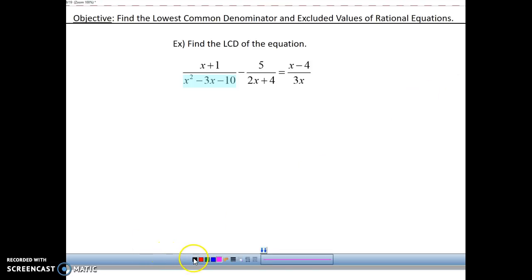In order to do that, I need to copy the numerator, x plus 1, over. Then I want to factor my denominator. So my denominator, I have a trinomial, so I'm going to do my x. I have a times c is -10, and my b is -3. So two numbers that multiply to -10 and add up to -3.